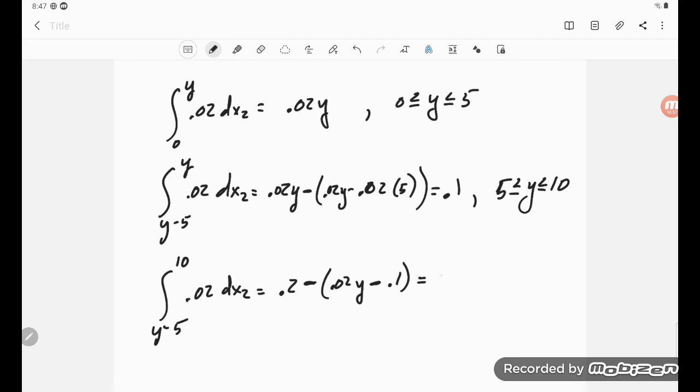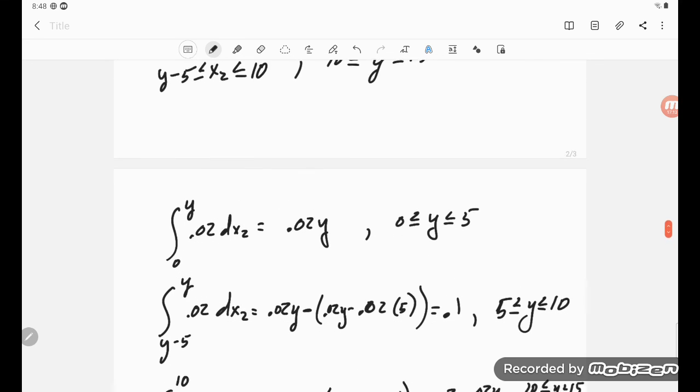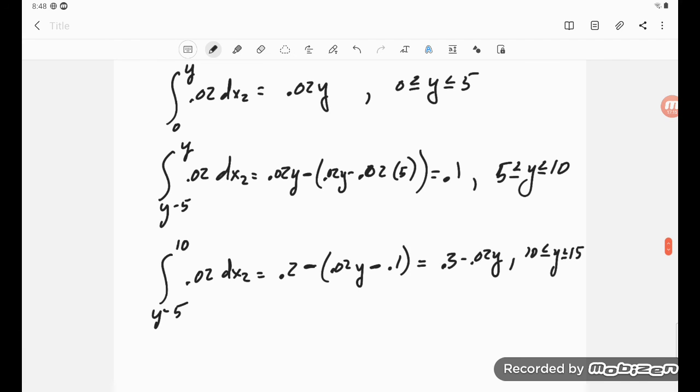And that is equal to, again, 0.3 minus 0.02y. And that's for 10 less than or equal to y less than or equal to 15. So there we go. We got the same answer using both variables. So that's always good. Okay, that's number 4.